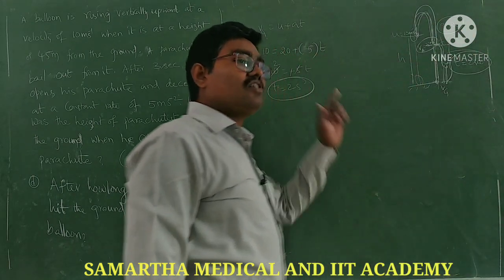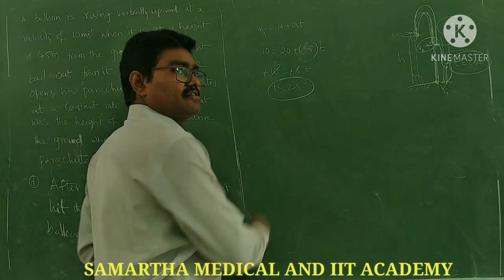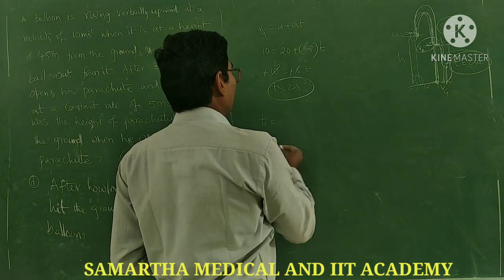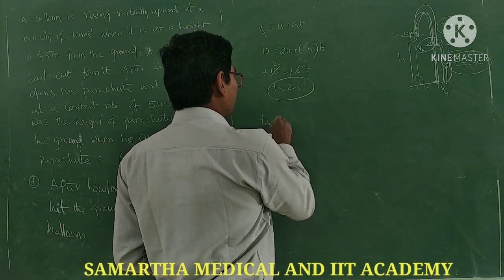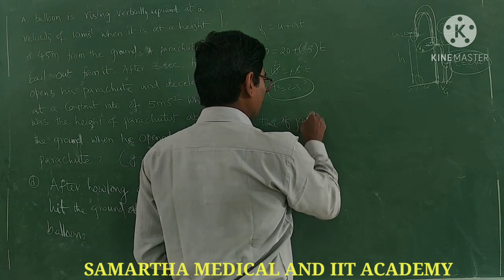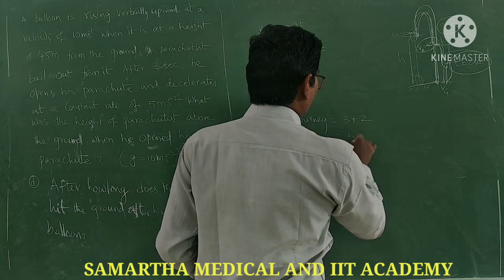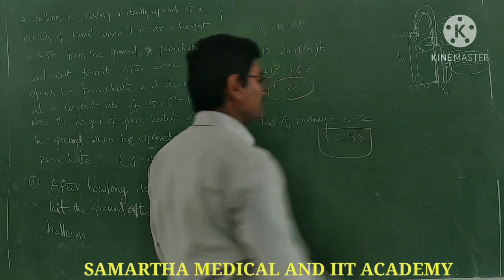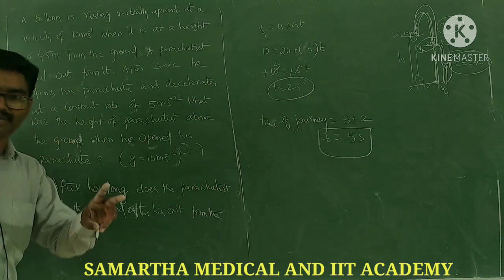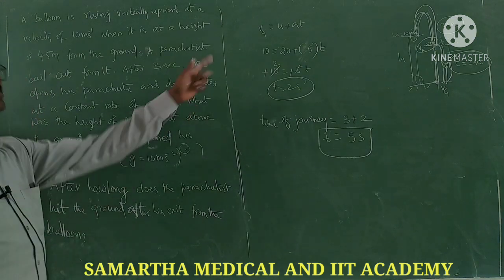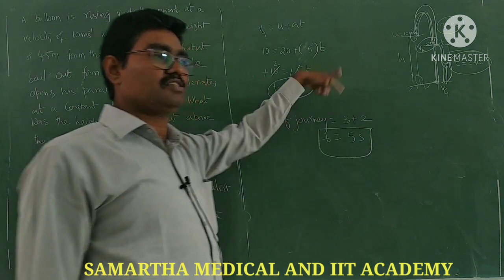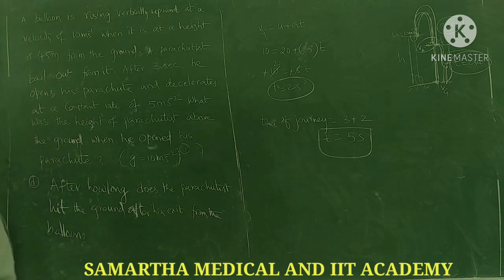Total 5 seconds. Total time of journey is 3 plus 2, totally 5 seconds. Understood? So there are 2 sub cases. Due to that you are getting 2 different times. So the sum of them is your answer. Okay? Note down.